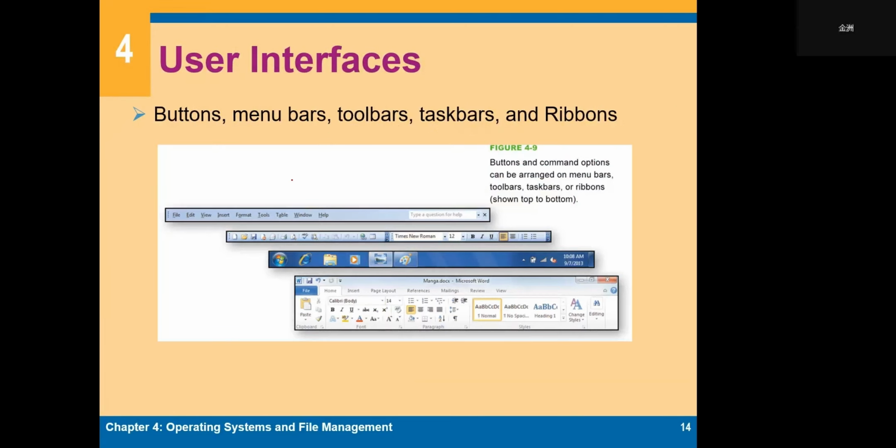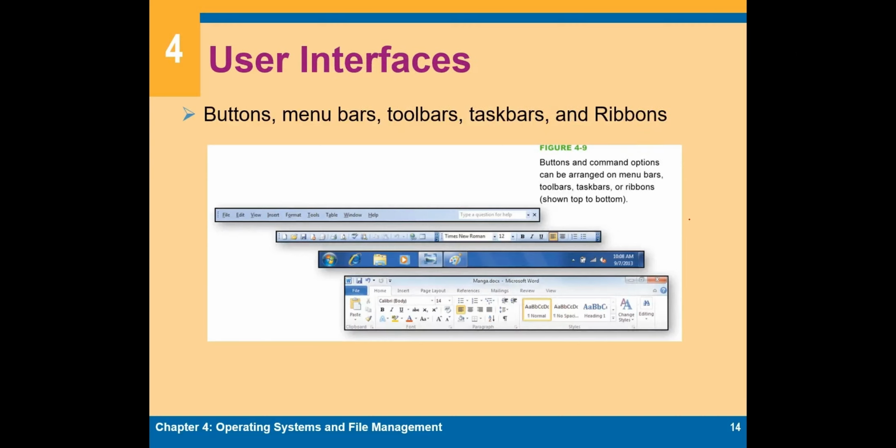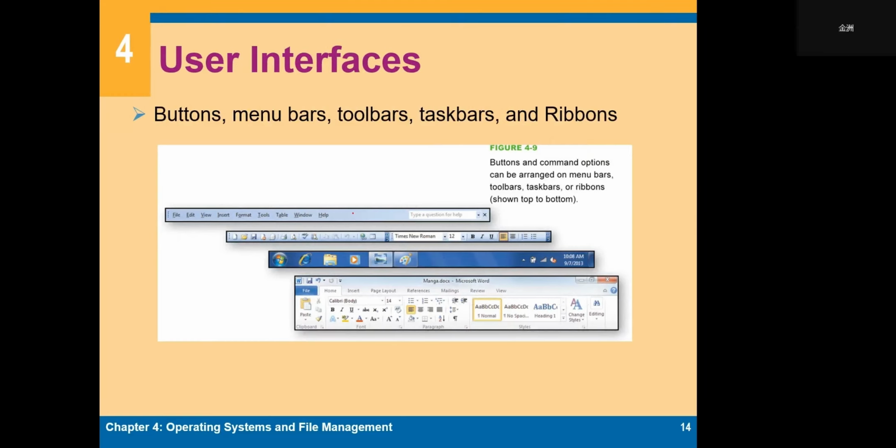For each application or program, it may have some buttons, a menu bar, toolbar, taskbar, and ribbons, as I listed here. I think all these are very frequently used in your daily life.